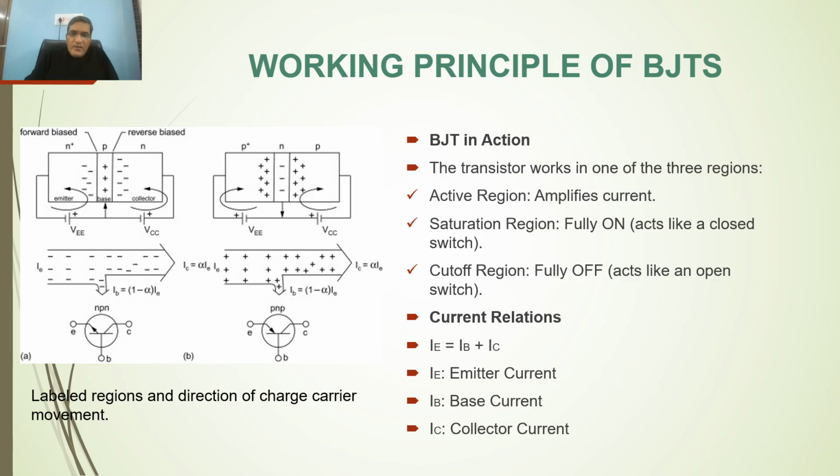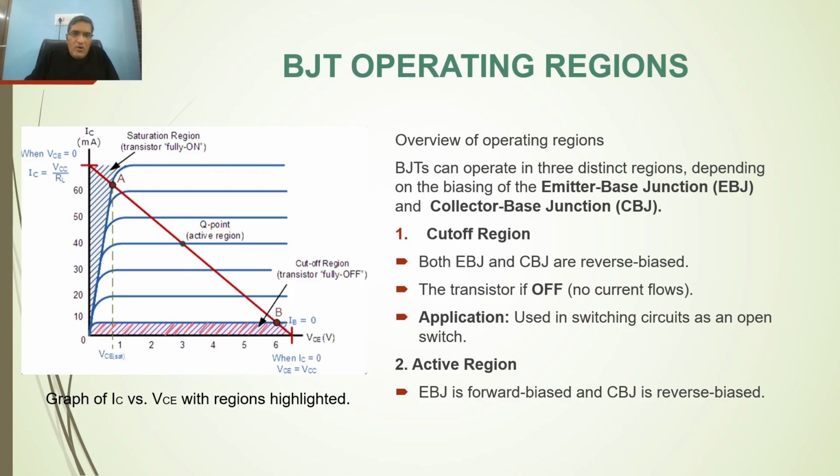And in the active region, the main application of the transistor is amplification. These are basically the three regions. Now, this curve is regarding the IV characteristics of the transistor, and you see this curve plots the collector current against the collector to emitter voltage VCE, and this curve has different parts.